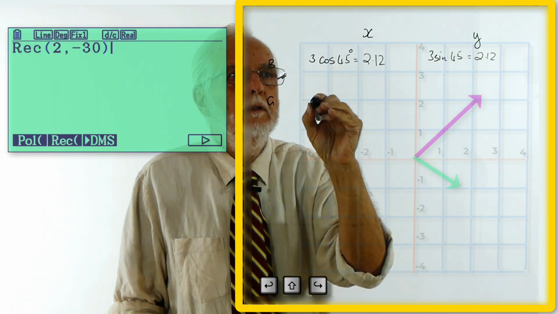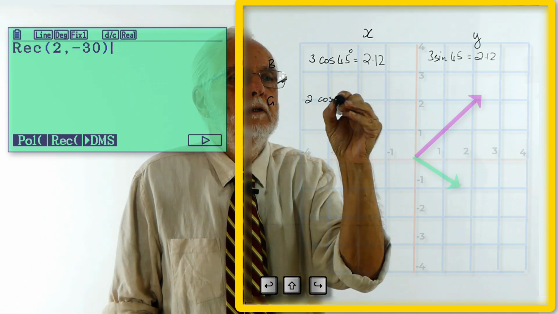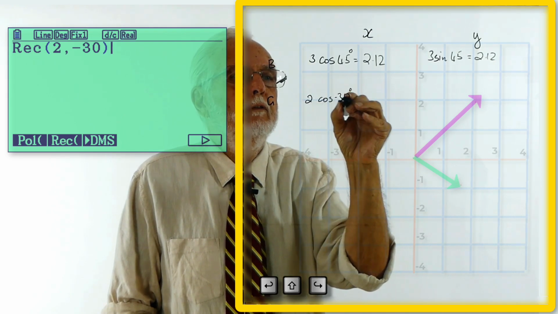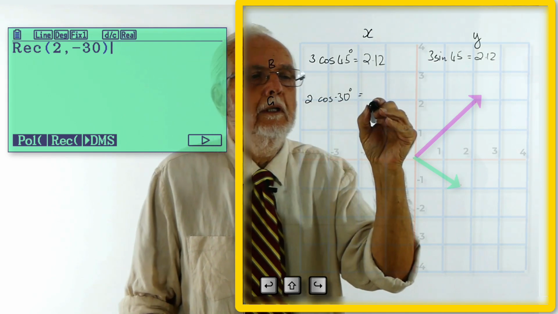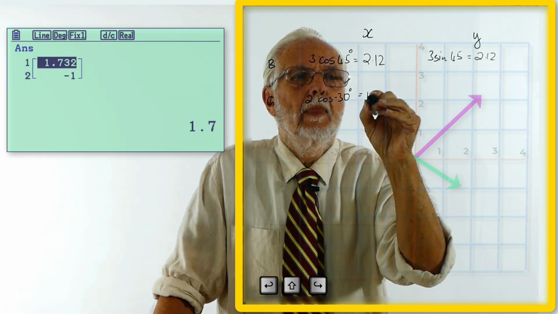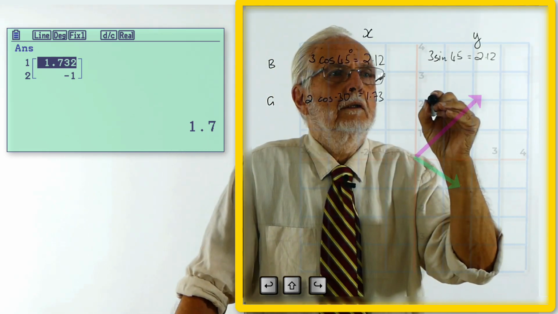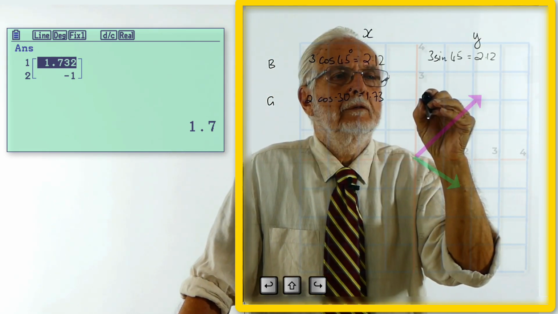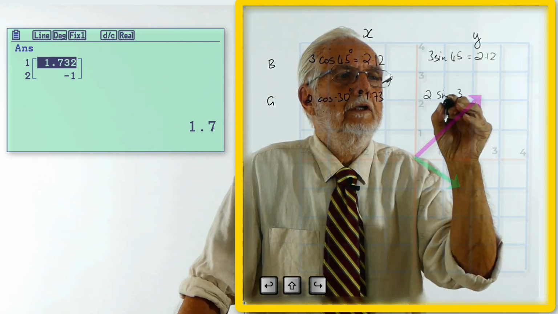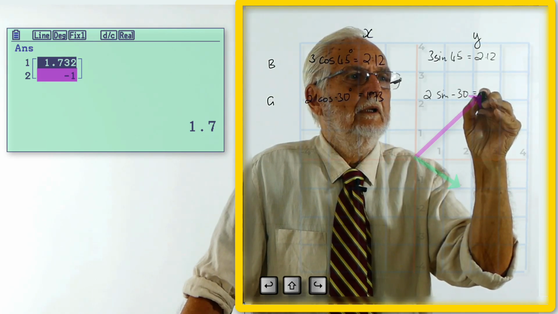For the green one, we'll have the x value 2 cos negative 30 degrees, and that's going to be equal to 1.73. And for the y value, we'll have 2 sine negative 30, which will be equal to negative 1.